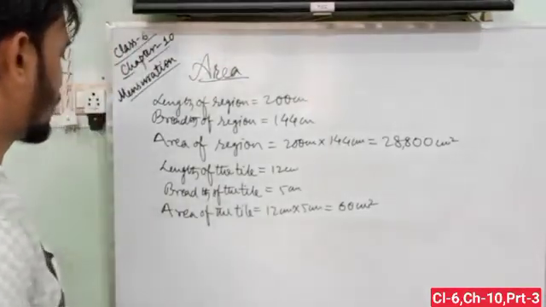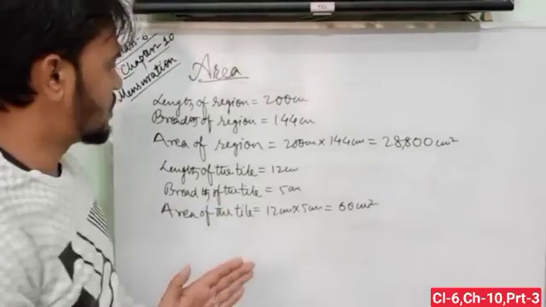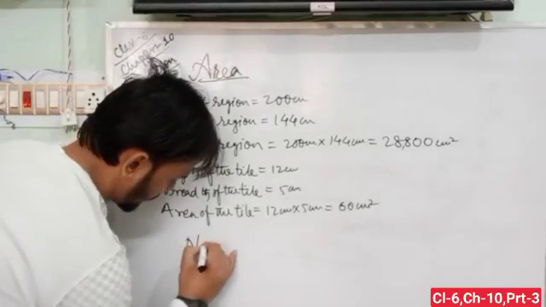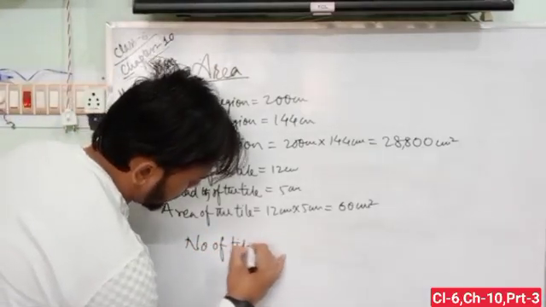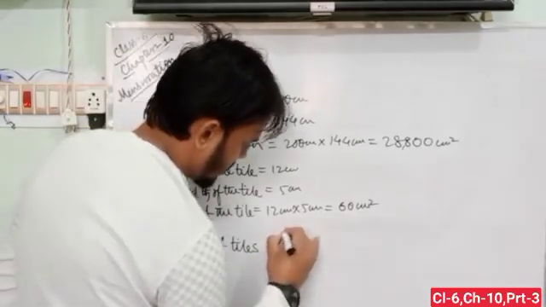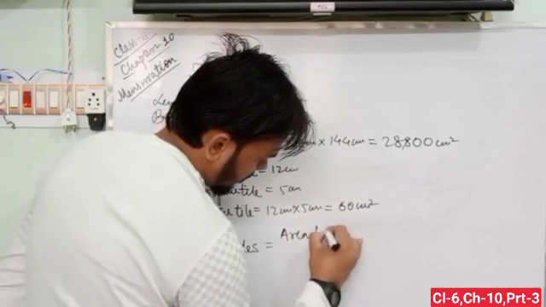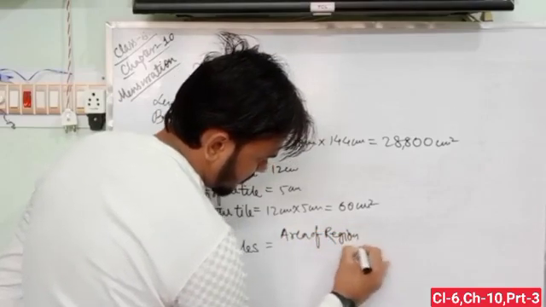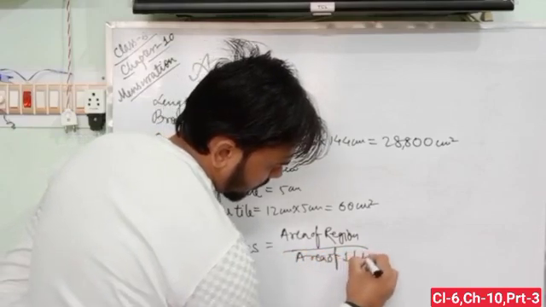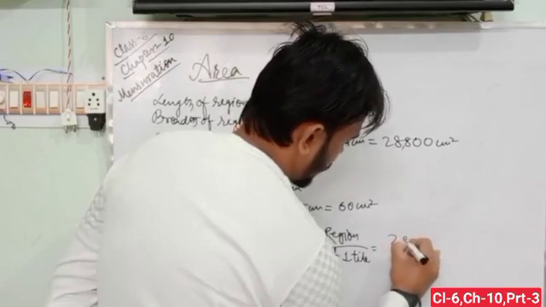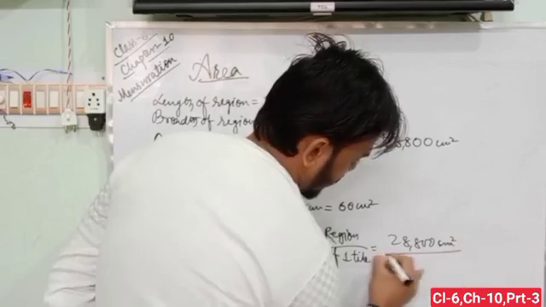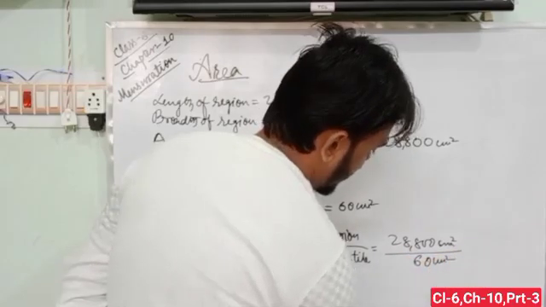Now we have to find out how many tiles will be needed to cover this. We know that we have to compare the area of region to the area of tile. So the required number of tiles is equal to area of region divided by area of one tile, equal to 28,800 centimeter square upon 60 centimeter square.